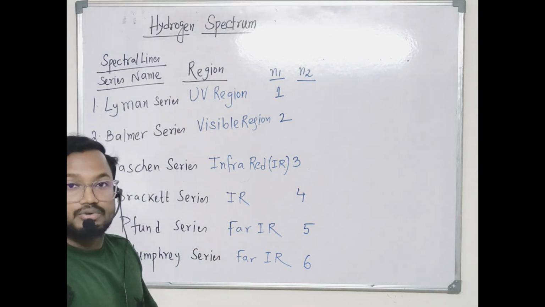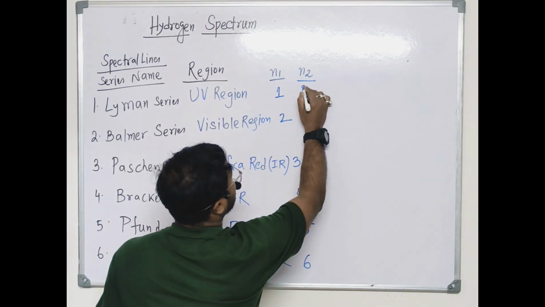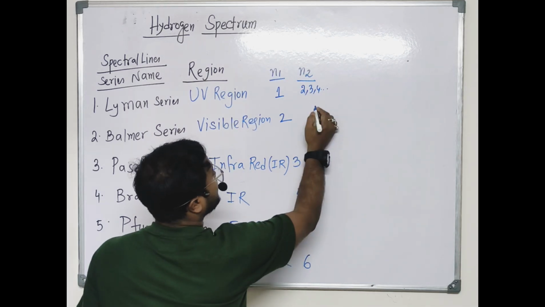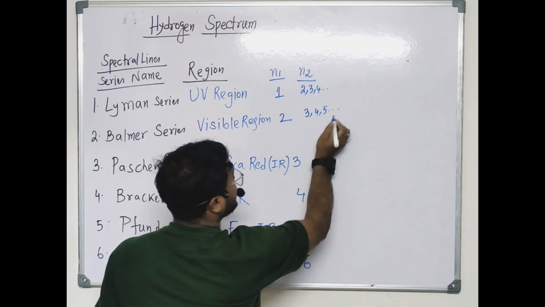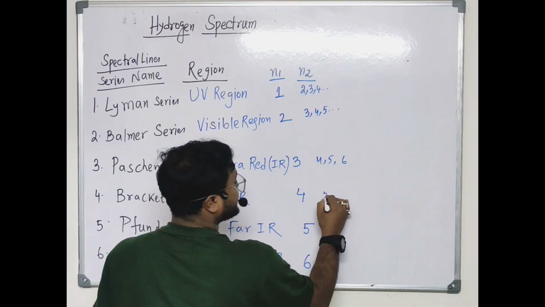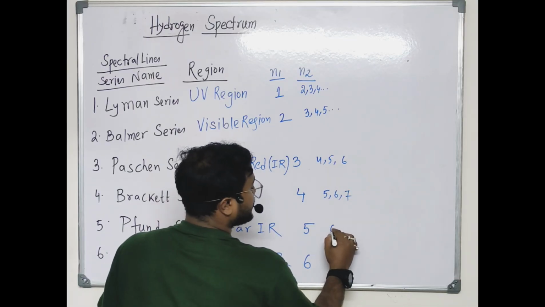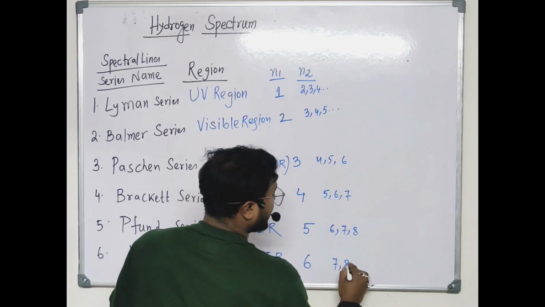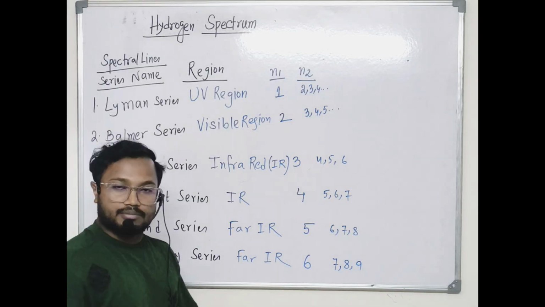Now what are the possibilities of n2 values? n2 values are generally 2, 3, 4, anything is possible. This is 3, 4, 5; 4, 5, 6; 5, 6, 7; 6, 7, 8; 7, 8, 9. So these are the possible lines of this spectrum.